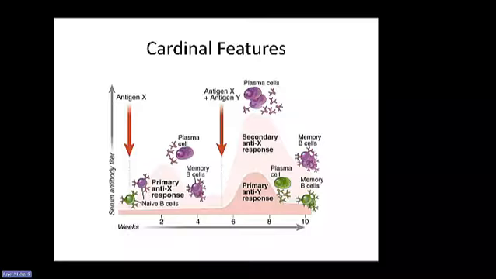So overall, if you look at this picture, it will show how in the primary response, say there is an antigen X, that antigen X can bind to the purple lymphocyte. It will produce that primary response and leave some memory behind.